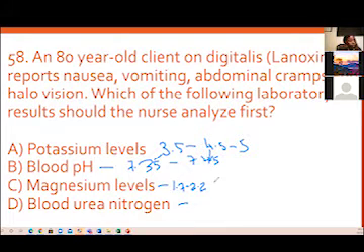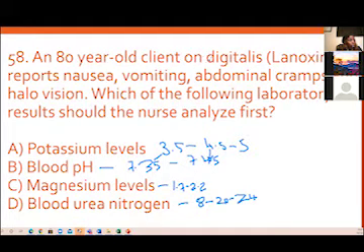BUN is from 8 to 20. You will see some books say 20, but some will go up to even 24. 24 is considered normal for some. So you will see 8 to 20 or 8 to 24.